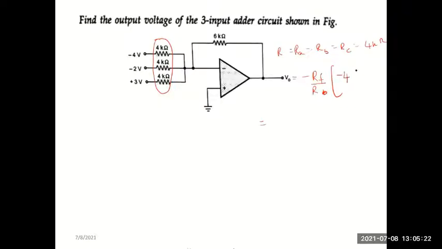-4, -2, +3. RF is 6K. So I have -6K divided by 4K into -4 -2 is -6 plus 3, which will be -3.